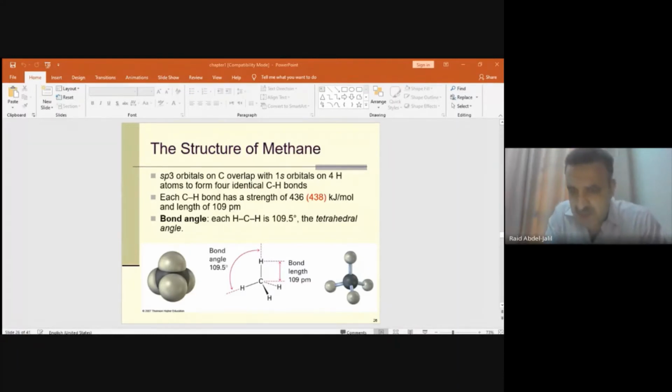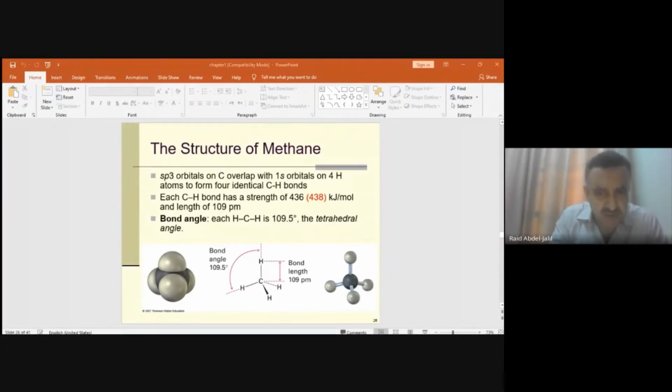Always remember that all atoms, regardless of what the atom is, whenever they want to make bonds, they will make bonds by a hybridized orbital, except hydrogen.